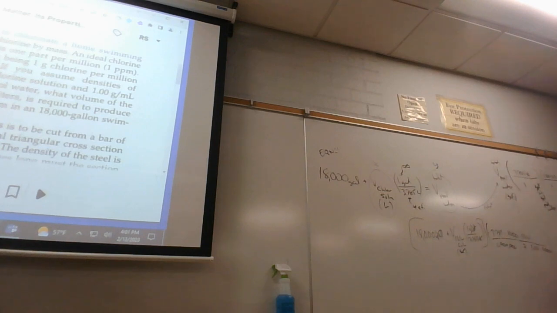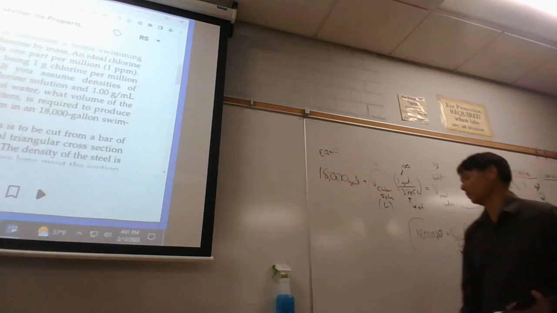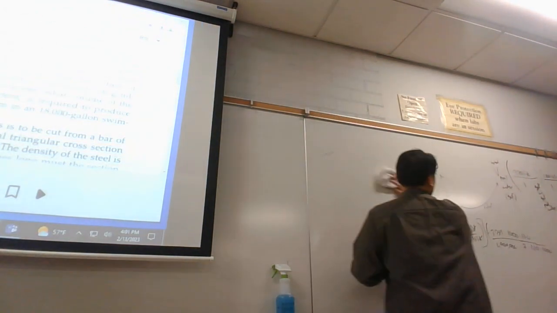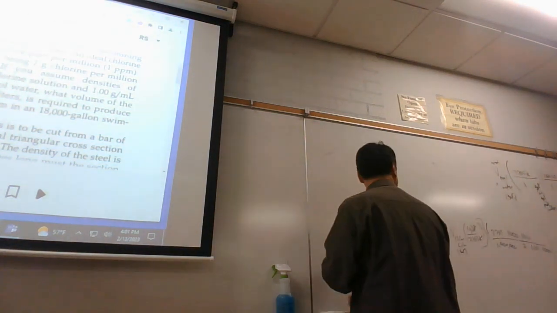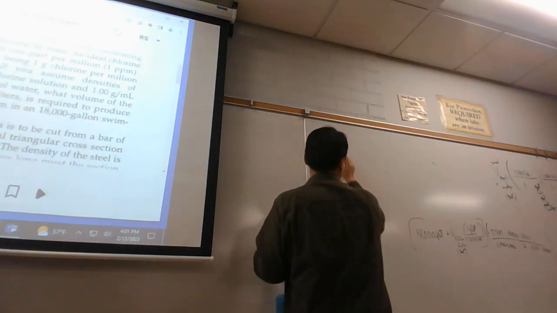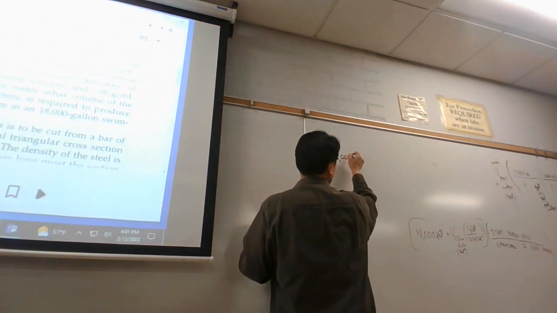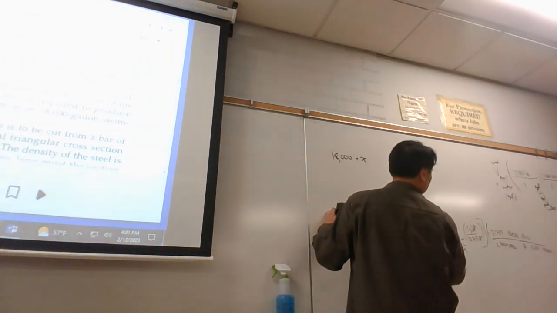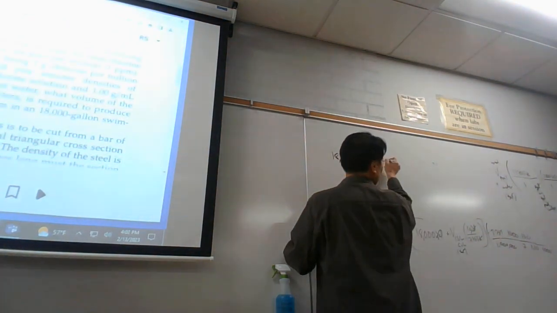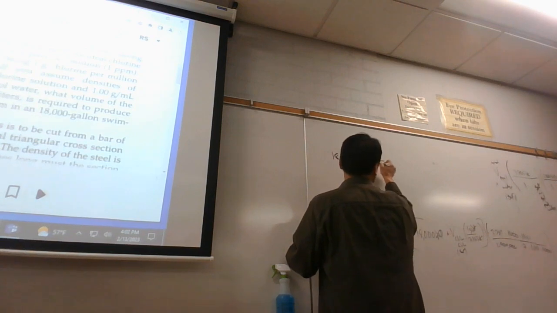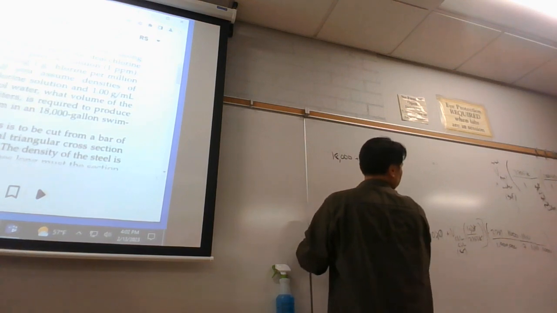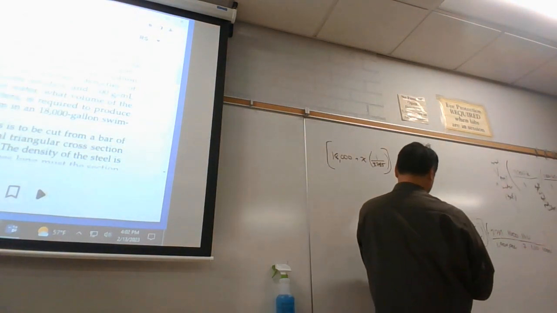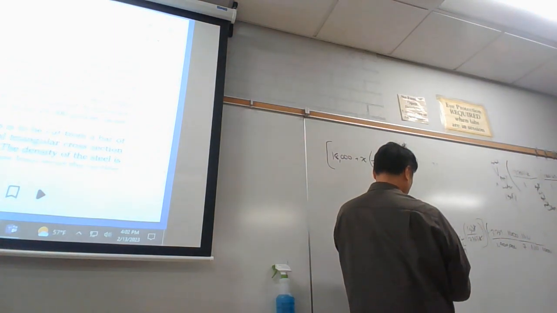And so this equation, let me try to simplify this equation here. The equation is going to look like this. It's going to be 18,000, I'm going to get rid of the unit, plus X times 1 over 3.785, times this, which I just calculated.